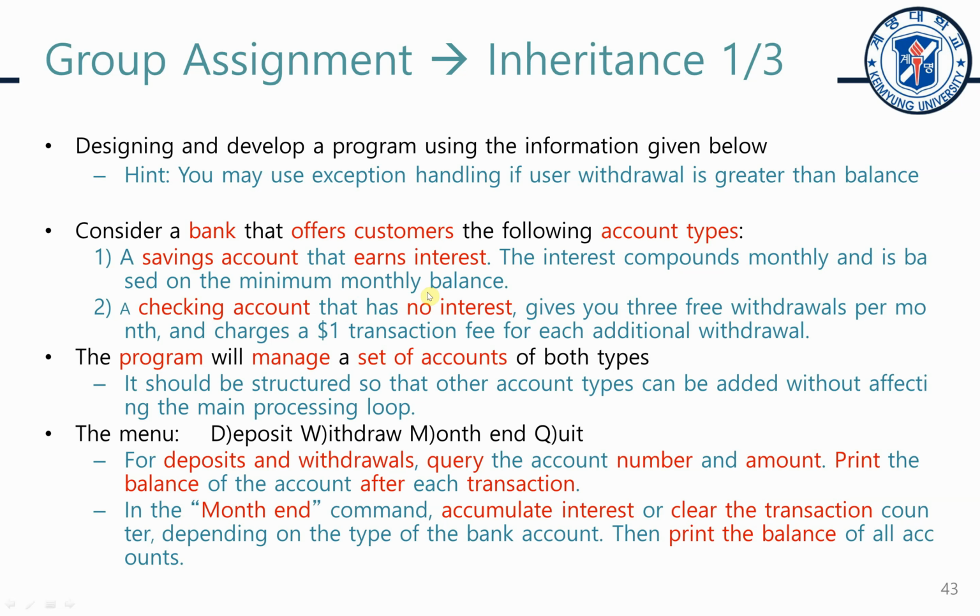But the checking account has no interest, and when you try to withdraw, it will charge you $1 after 3 transactions per month. So it gives you 3 free withdrawals per month, but it will charge you $1 for each transaction after that.